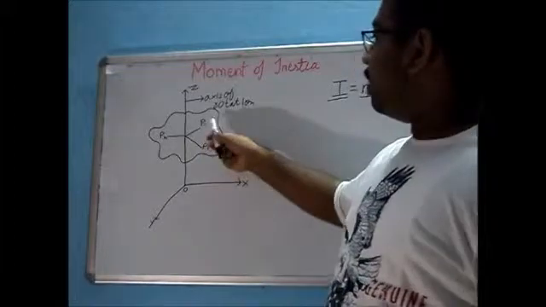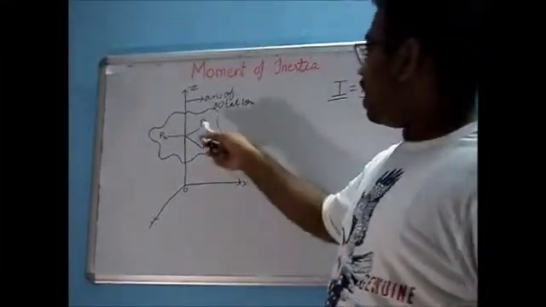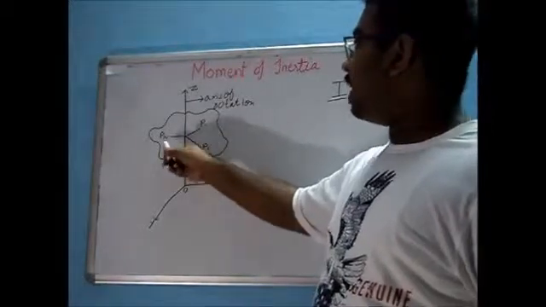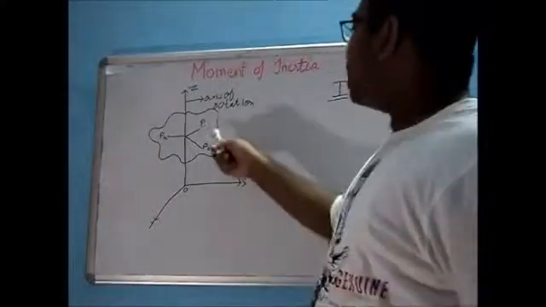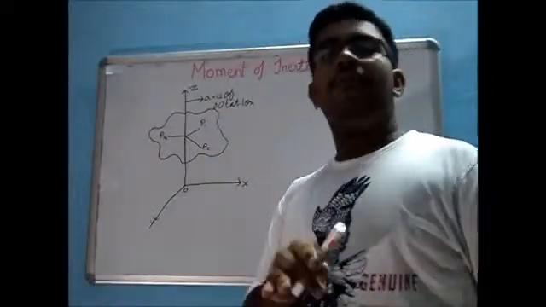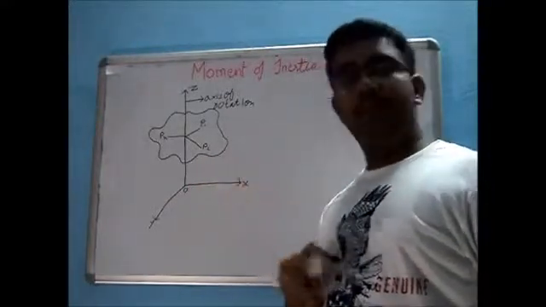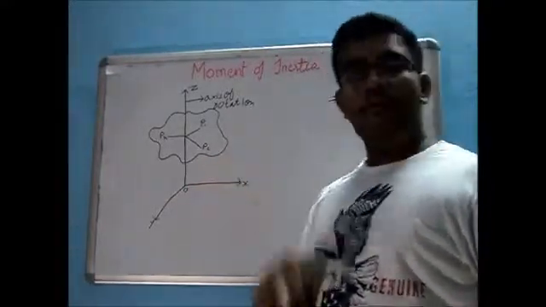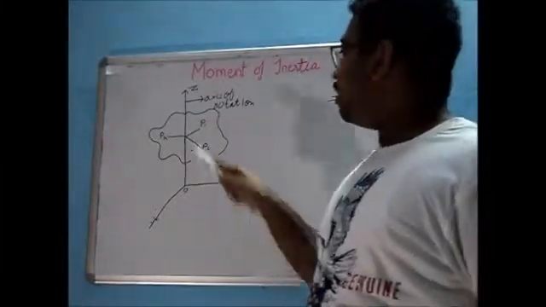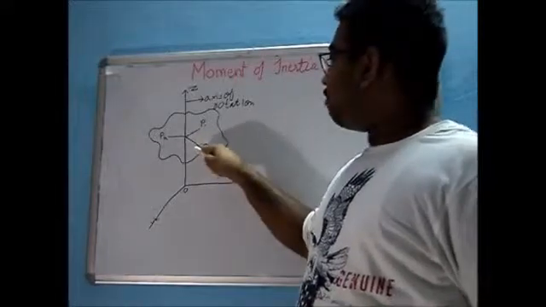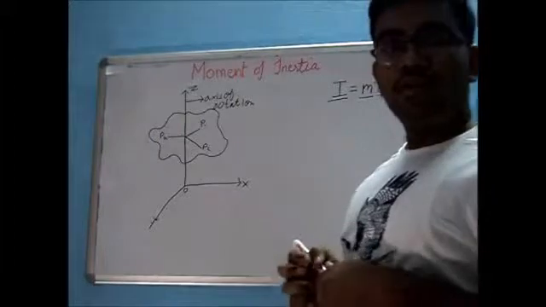Let us assume 3 particles from this rigid body, which are P1, P2 and Pn. Now the moment of inertia of the rigid body would be equal to the sum of the moments of inertia of the P1 particle, P2 particle and Pn particle.